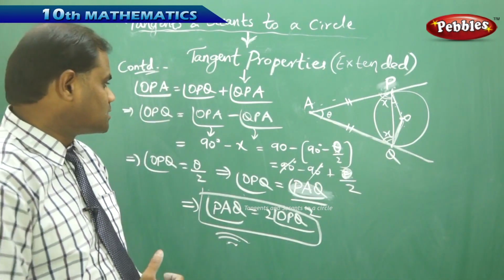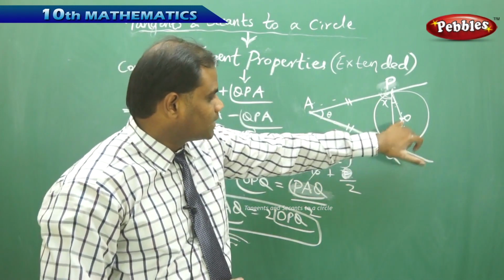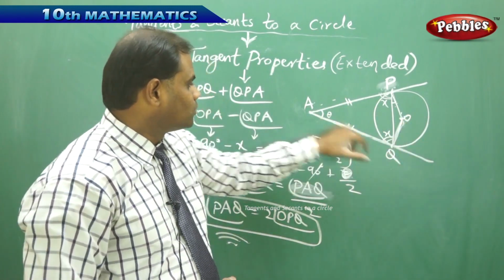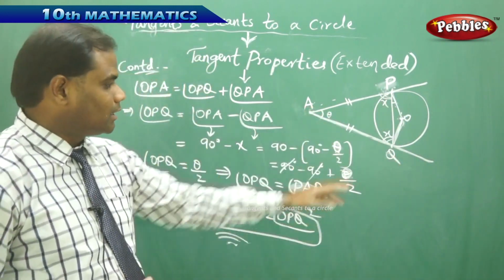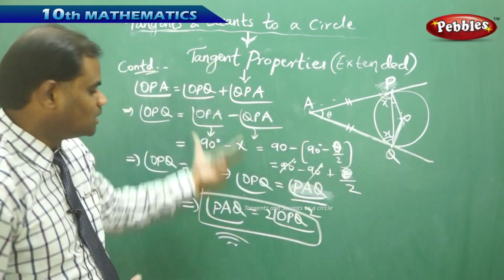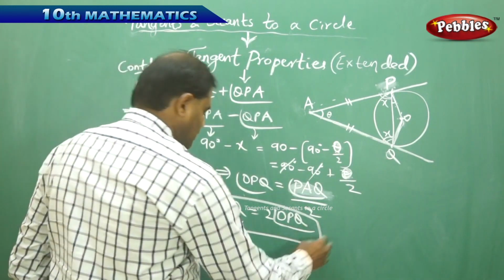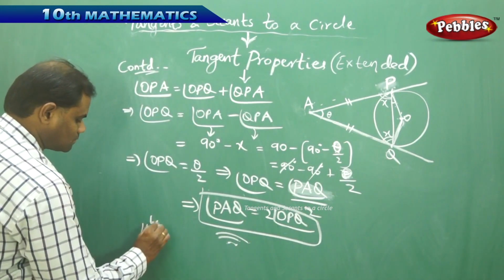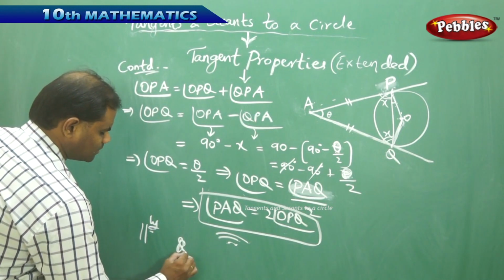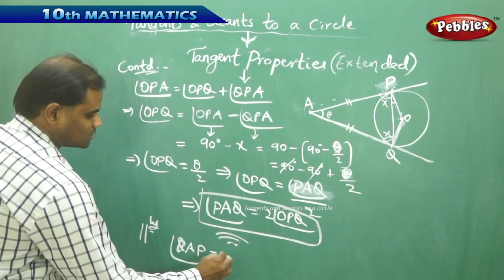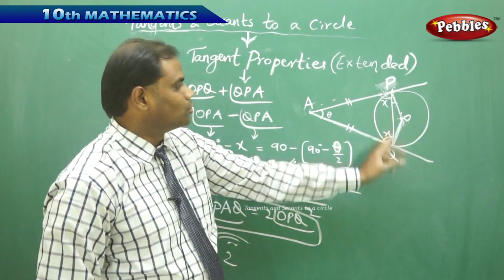Similarly, proceeding with the same proof, taking angle OQA as OQP plus PQA, and going along the vertex Q in a similar manner, I get angle PAQ is twice angle OQP.